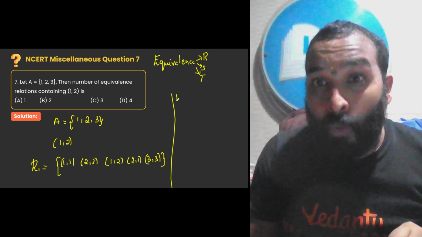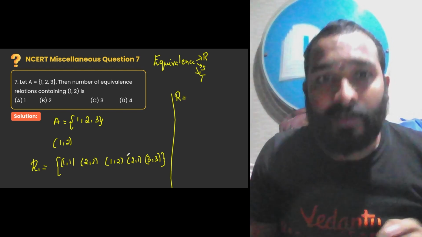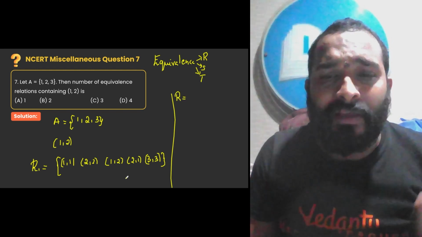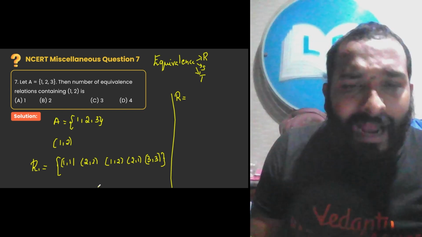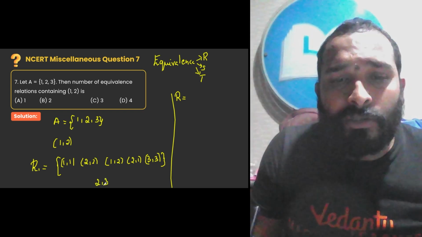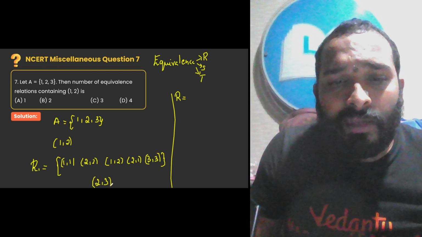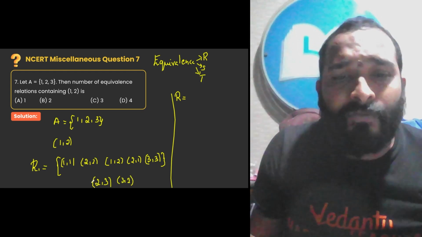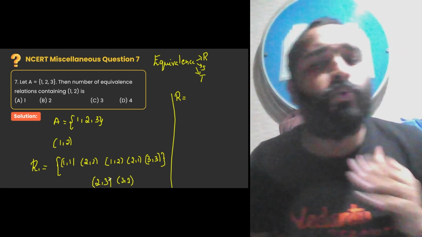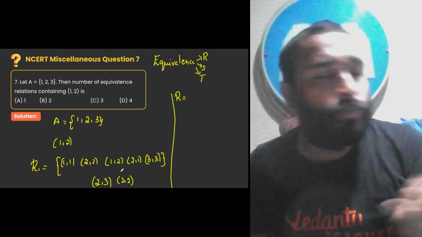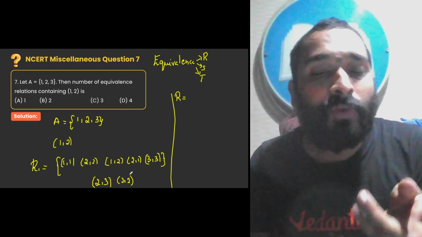But one more equivalence relation, if you want to form, suppose you want to add elements. Here the only 2 elements which we have not added in the largest equivalence relation are 2, 3 and 3, 2. To prove that it is symmetric, you need to add 2, 3 and 3, 2 also.